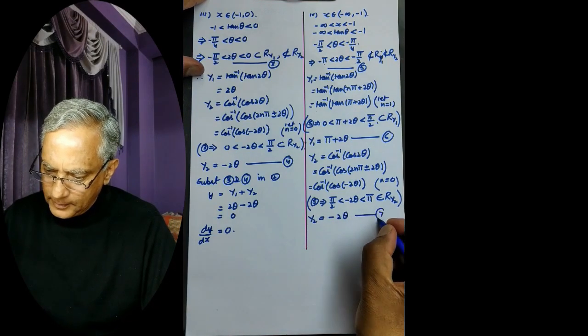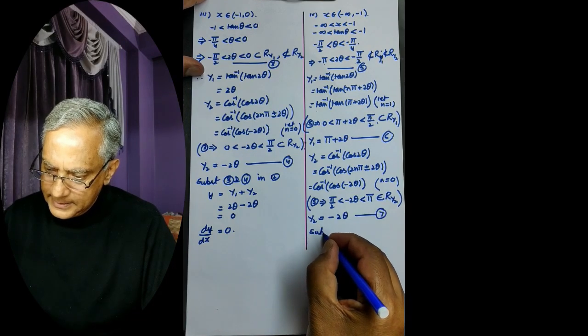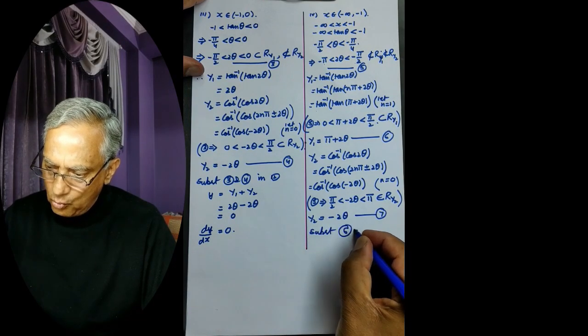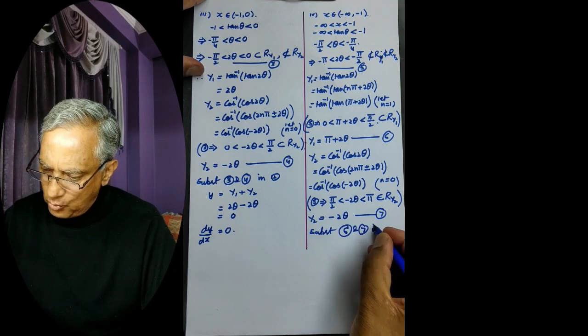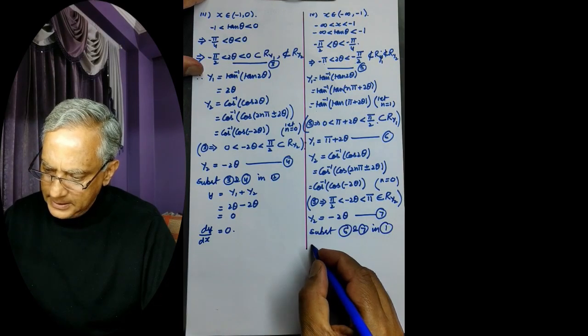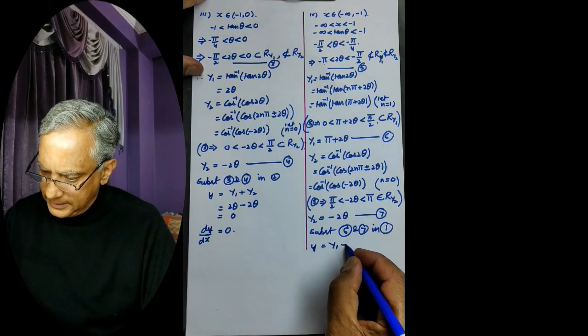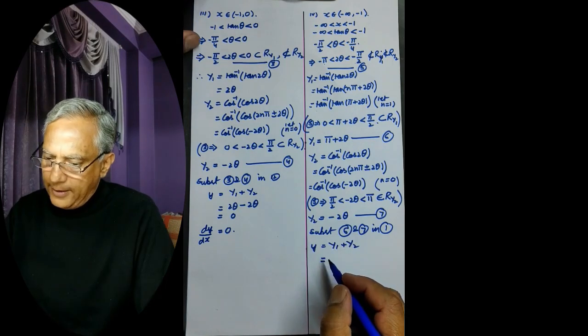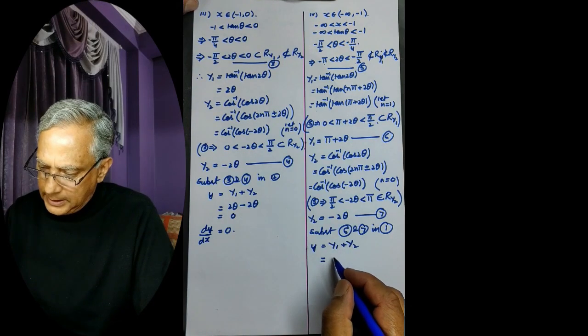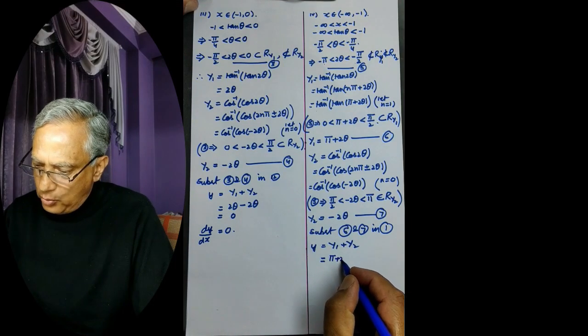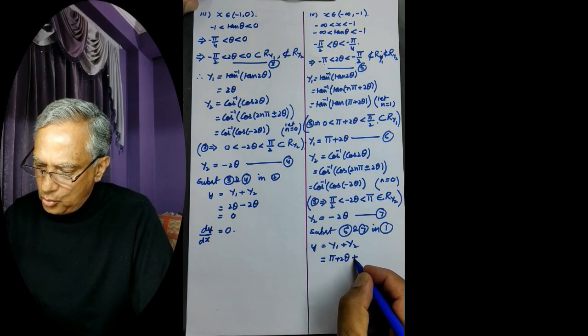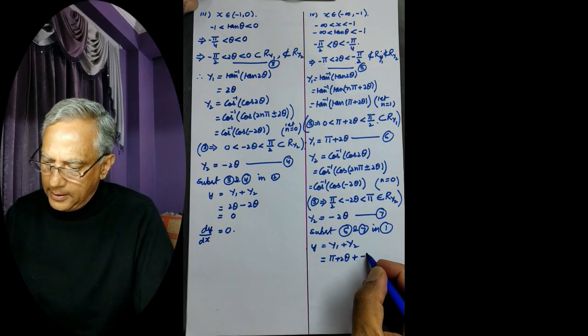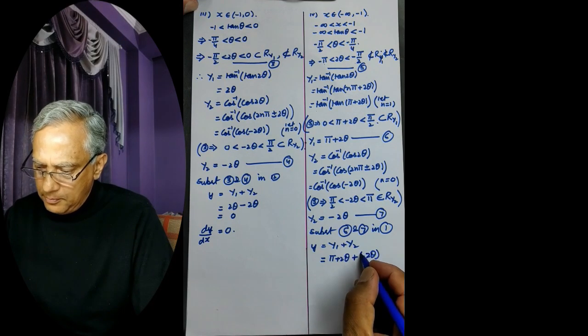Substituting 6 and 7 in 1, what we get is y is equal to y1 plus y2. And this is equal to, now y1 is pi plus 2 theta, so this is pi plus 2 theta and y2 is minus 2 theta. So this is equal to pi.